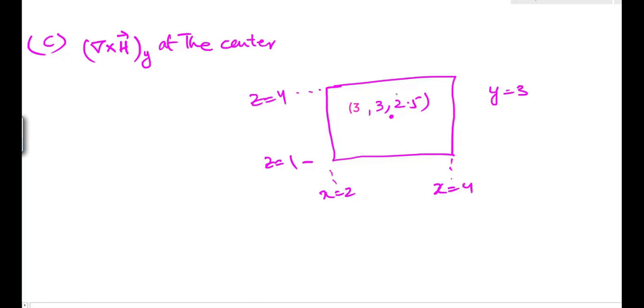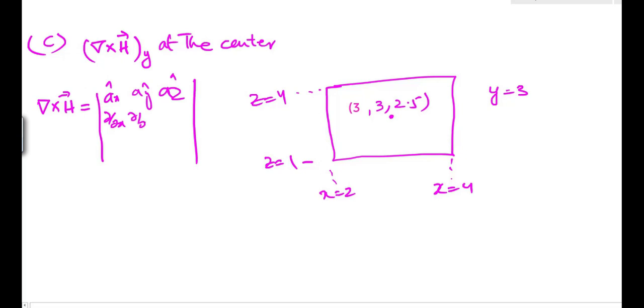Anyhow, as we have located this center point, we have to evaluate this del cross H at the center. The del cross H is equal to the curl of H, which is the determinant with the x unit vector, y unit vector, z unit vector, partial by partial x, partial by partial y, and partial by partial z. The x component of the magnetic field intensity is 3z, the y component is 0, and the z component is 2x cubed.